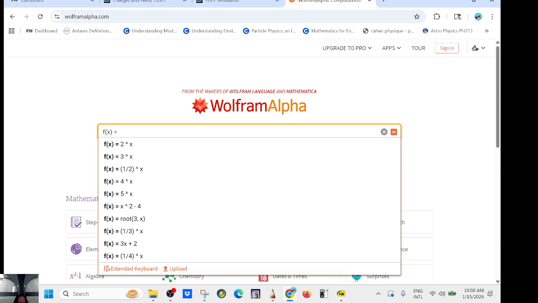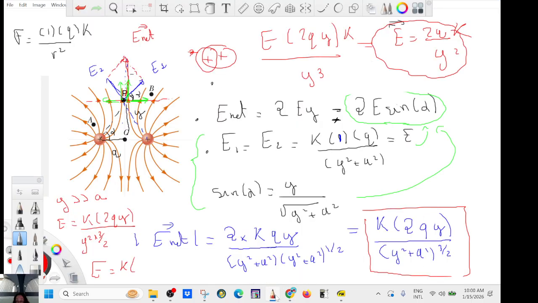So f of x, I'm going to plug in this equation here. I don't care about the k or the Q, because I just want to find the behavior, and you should do it as I'm doing it.